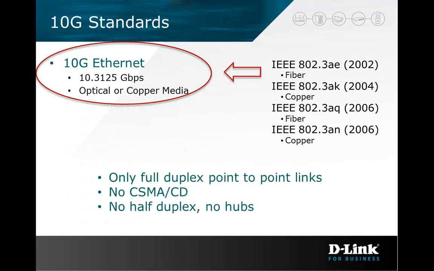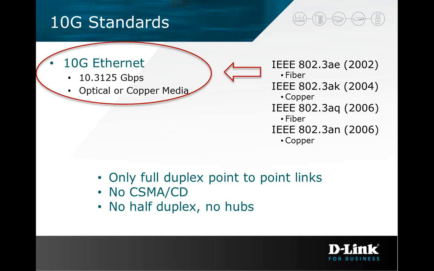And it's probably a good time to mention here that with 10 gig Ethernet, the IEEE said only full duplex point-to-point links. So you remember back in the earlier days of Ethernet, where you could have a shared medium, a shared wire with multiple devices all trying to transmit on that wire, sharing that medium. They would wait for collisions.